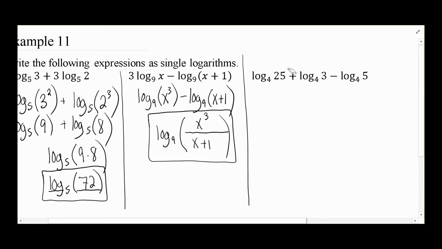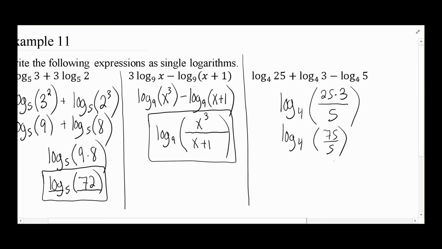So that's something I want you to think about as you look at this, because then we can just say it's log base 4. Up top I have 25 times 3. In the bottom I have a 5. And then I can start simplifying stuff. I can say that's 75 over 5. 75 over 5 is 15.